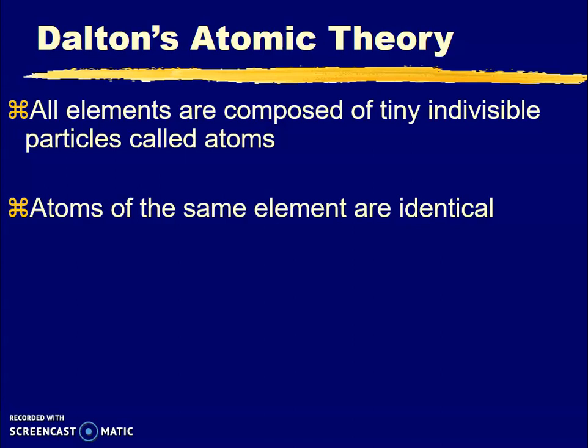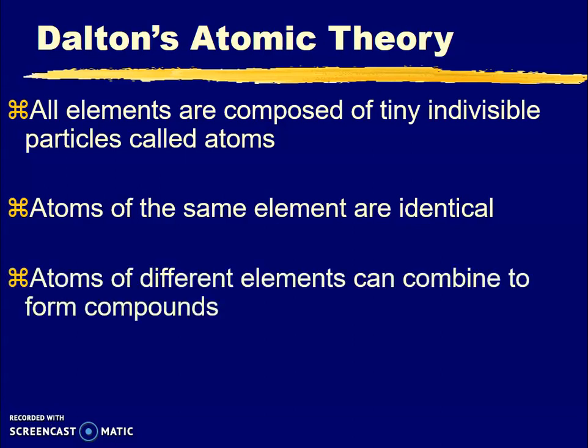This atom of oxygen and this atom of oxygen are identical. Atoms of different elements can combine to form compounds. Okay, we learned about that in our previous units, how they can combine to form compounds.